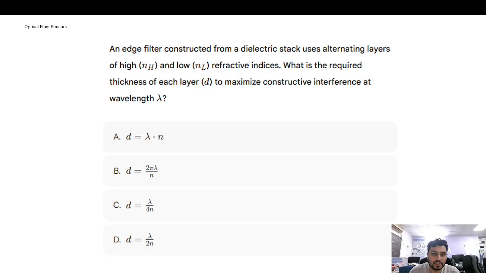An edge filter constructed from a dielectric stack uses alternating layers of high NH and low NL refractive indices. What is the required thickness of each layer D to maximize constructive interference at wavelength lambda?